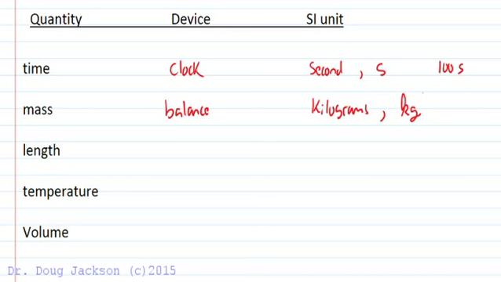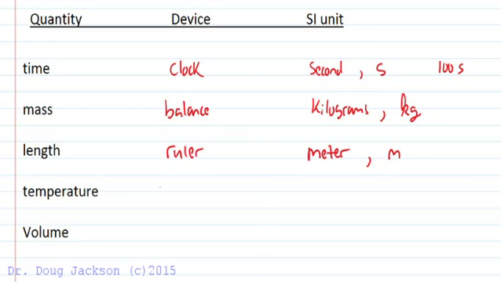For length, we have the meter stick or ruler. In lab, we might have a ruler. Okay, any number of things. Calipers measure length. Okay, so there's a number of different instruments that can measure length, and the SI unit will be the meter. Abbreviation lowercase m.